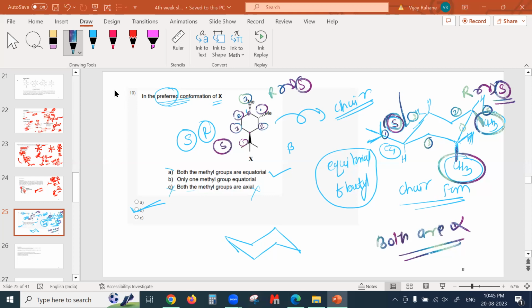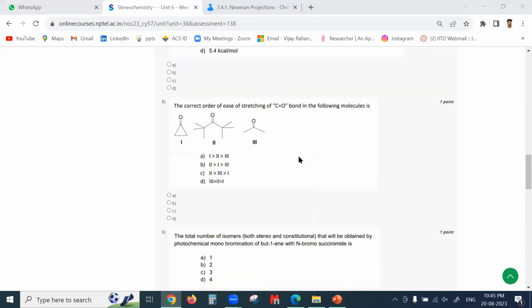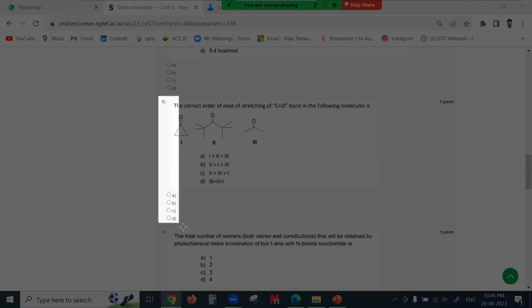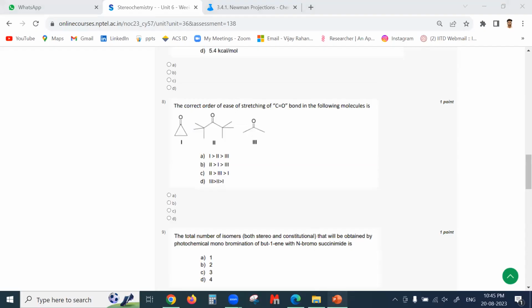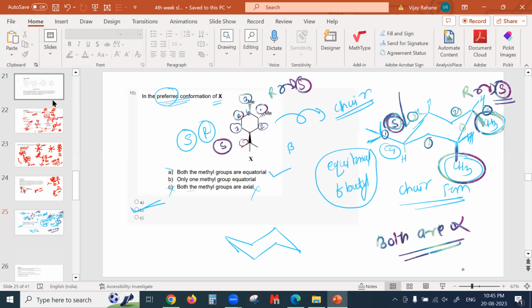We'll go for question 8 from the same assignment, as someone asked. This is the structure, and I will just insert one slide.